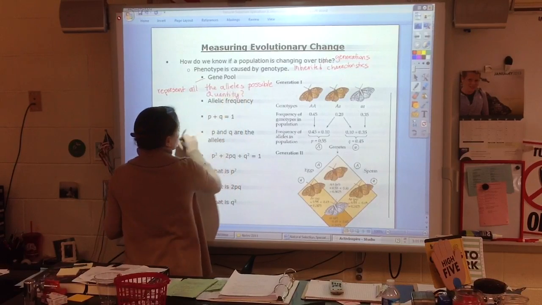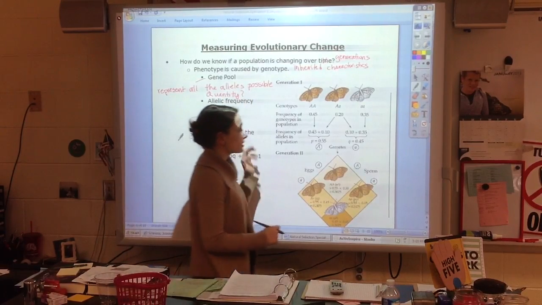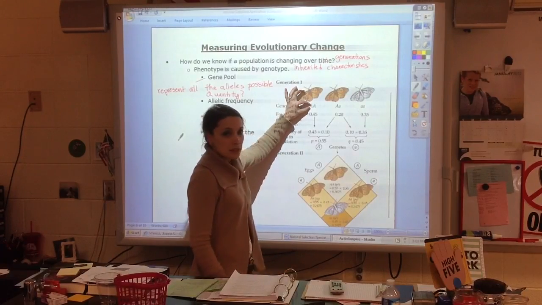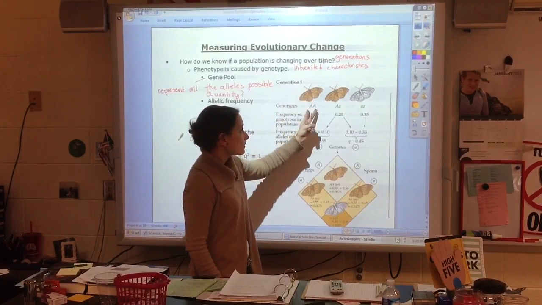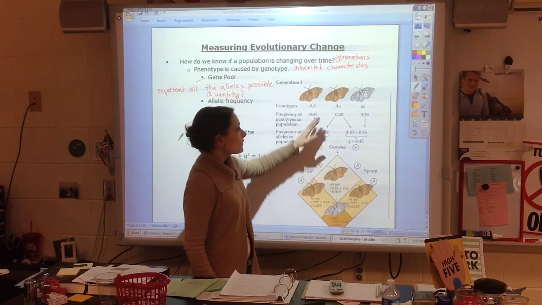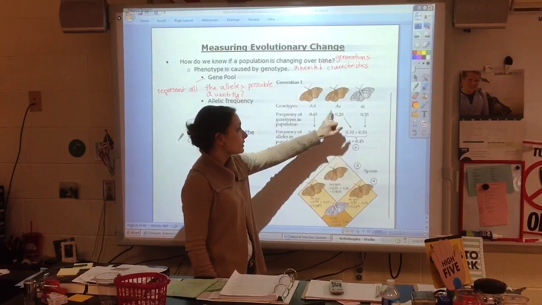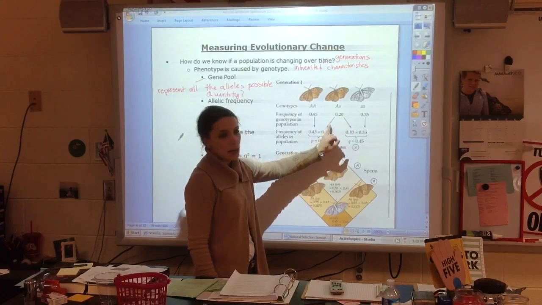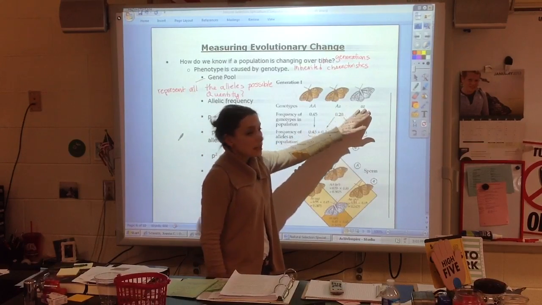So when we look at a gene pool, we're actually trying to say, if you are homozygous dominant and you have two dominant alleles, what does that mean? If you are heterozygous and you have a dominant and a recessive, what does that mean? And if you are homozygous recessive.